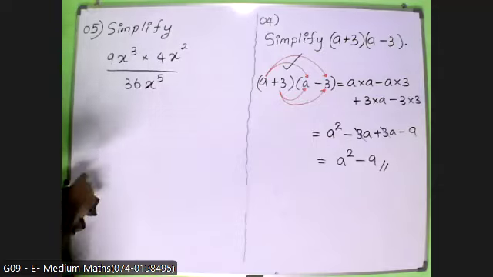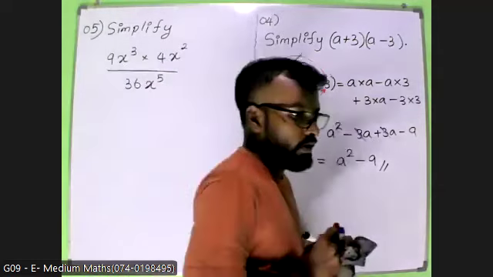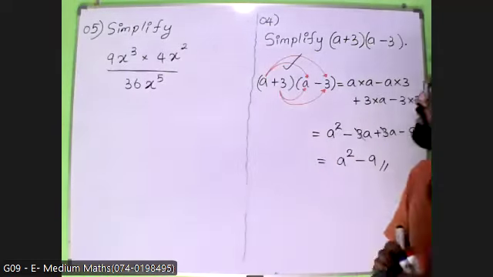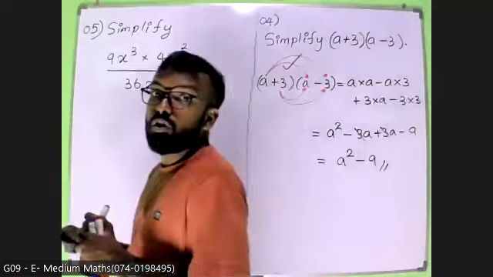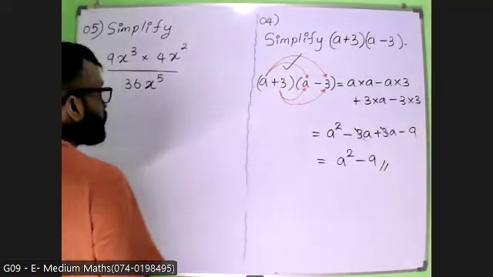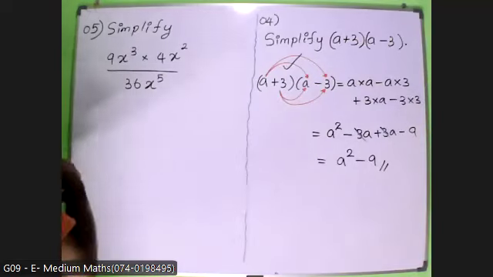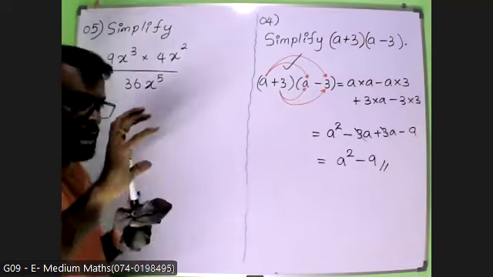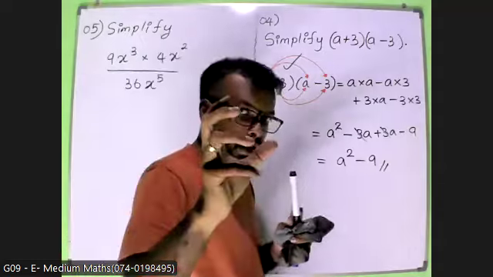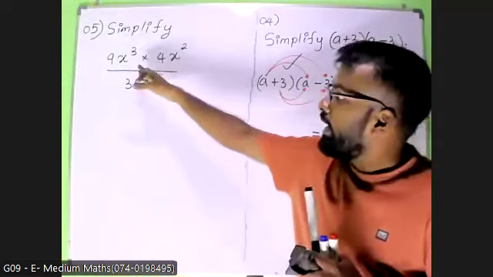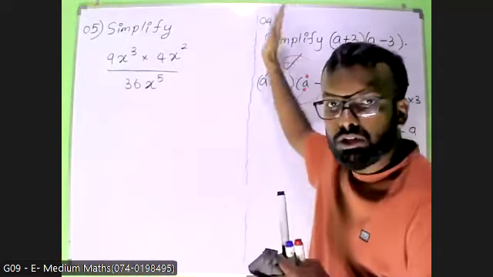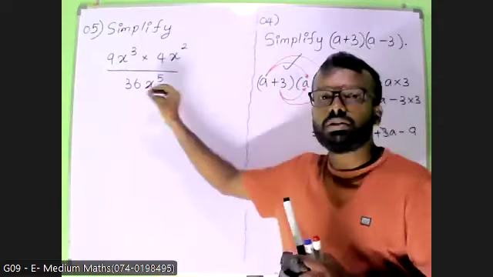So you have to simplify this. How do you simplify? Laws of indices. You have to use laws of indices. First of all, before using those, you have to take numbers into a single place, algebraic terms into a single place, then you can simplify this.